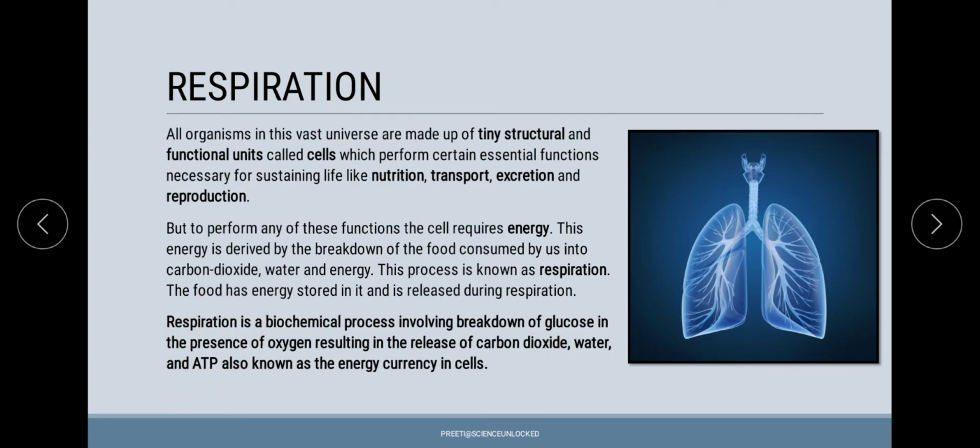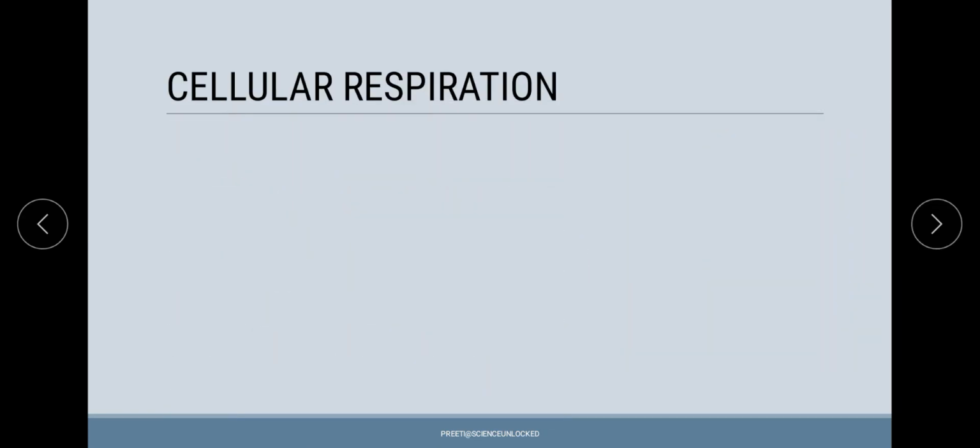This ATP is the energy currency that we want, but this process has two more products, carbon dioxide and water, and this carbon dioxide is something the body exchanges while taking in oxygen. So how exactly is respiration equivalent to cellular respiration?